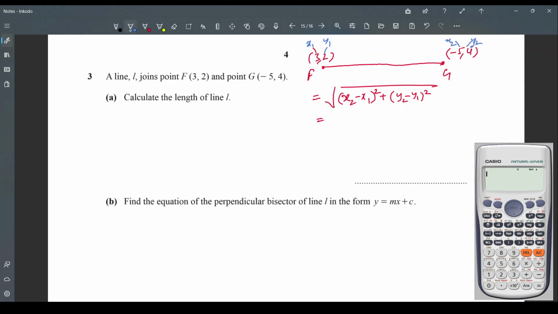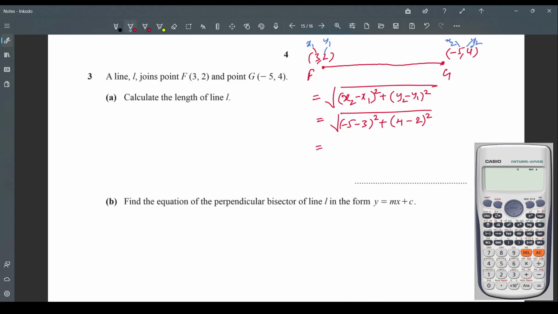So we are going to write in our calculator. Before that, let me place the values under the root. x2 is -5 and x1 is 3, so -5 minus 3, whole square, plus (4 minus 2) whole square.